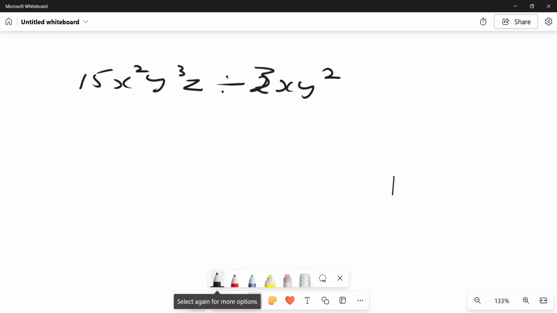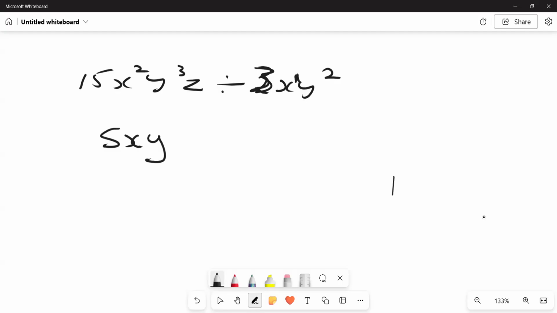Let's say this was the 3 here. 15 divided by 3 is 5. x squared divided by x, because the power here is 1, you subtract the power: 2 minus 1, you get x to the 1 power, which is x. y cubed divided by y squared, you subtract the power: take away 2 from 3, you end up with y to the 1 power, so you end up with y.